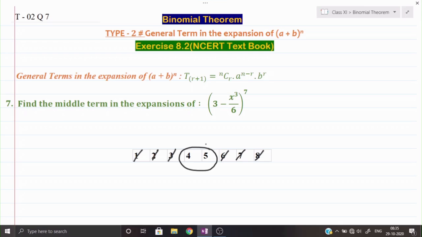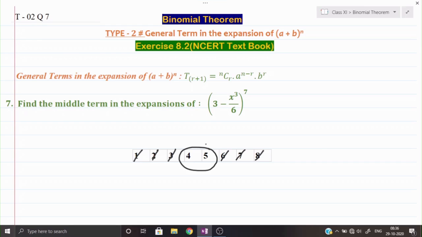Because you see, 8 terms are there, so exactly who will be the middle term we cannot claim: it can be fourth or it can be fifth. Suppose only 7 terms are there, then the middle term will be the fourth term. So in the case of an even number of terms there will be two middle terms, and in the case of an odd number of terms there will be only one middle term. Okay, so let us see.